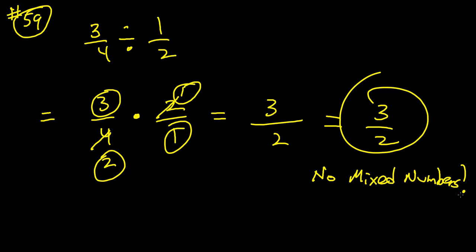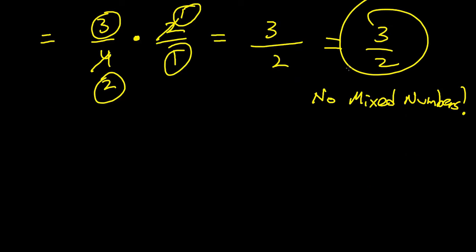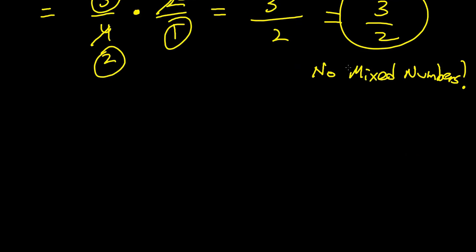It's easy to mix up a mixed number or confuse a mixed number for something that's not intended. Maybe we'll talk about that later. All right, so in any case, no mixed numbers. Leave it as an improper fraction if that's your answer, where the numerator is bigger than the denominator. No mixed numbers, please.